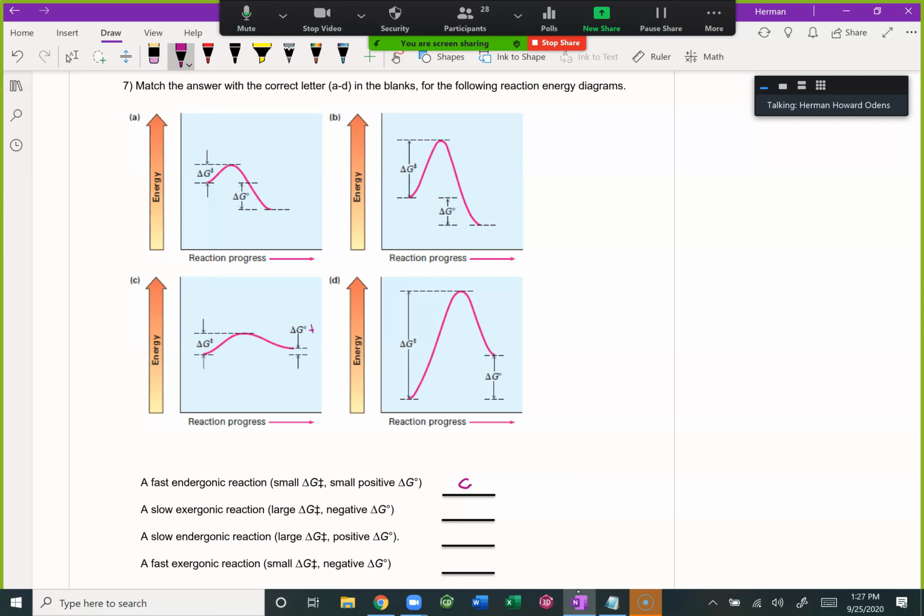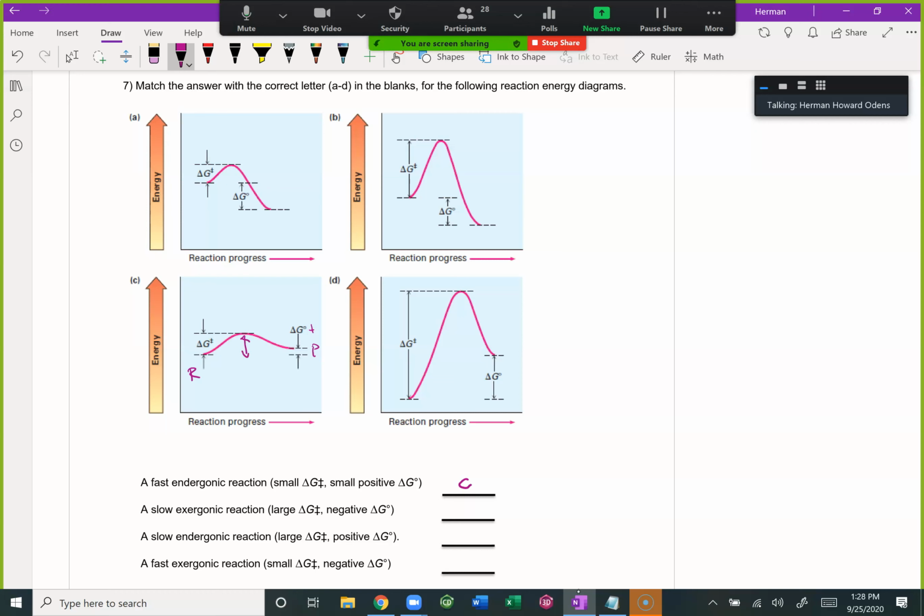And it's endergonic. The products are higher in energy than the reactants. And notice that the bump is very small, so it's fast, so it's easy to overcome that energy barrier called the activation energy from here to here.